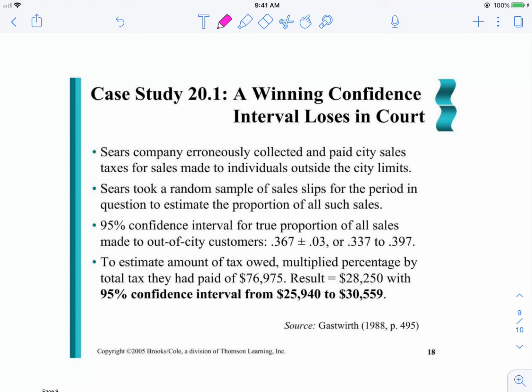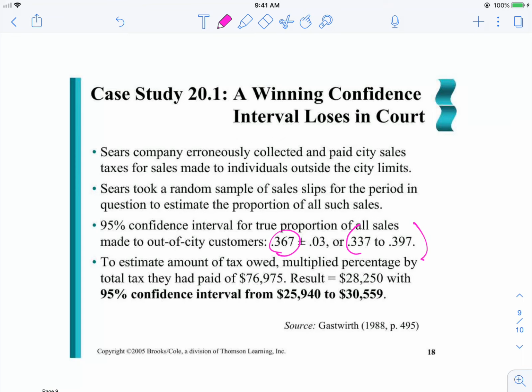The 95% confidence interval for the true proportion of all sales made to out-of-city customers was about 36.7%, plus or minus 3%, giving us a confidence interval between 33.7 and 39.7%. Okay, 33 to 39% of the customers were owed reimbursements for their erroneously charged sales tax.